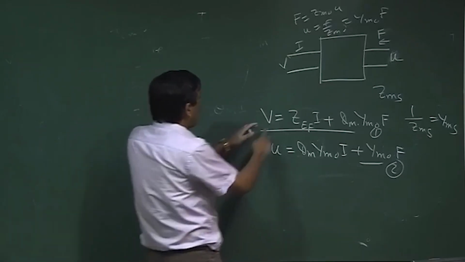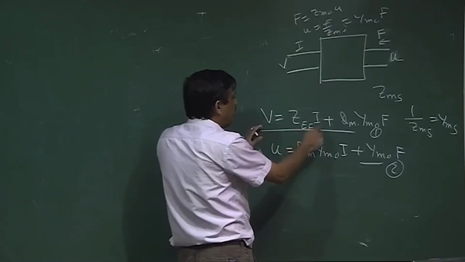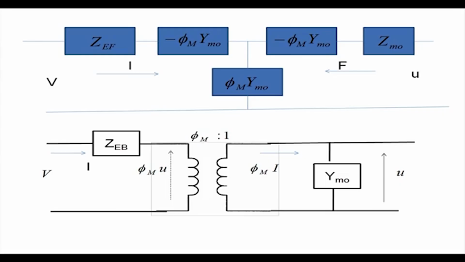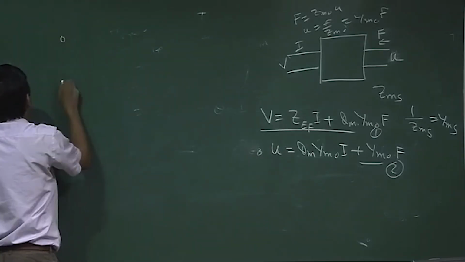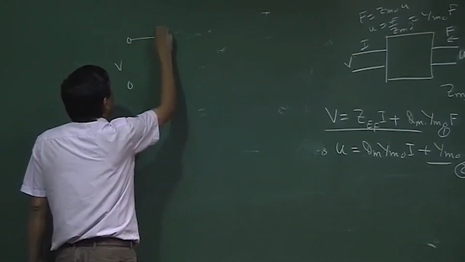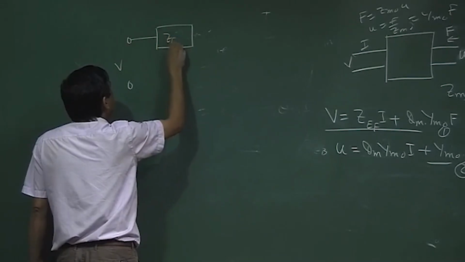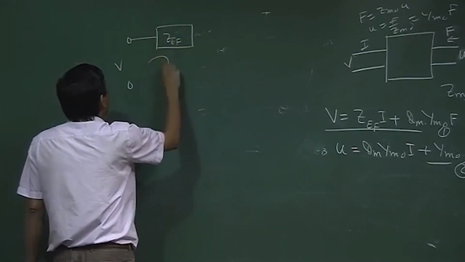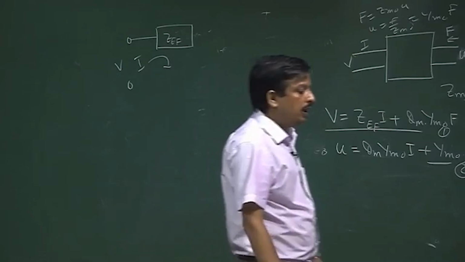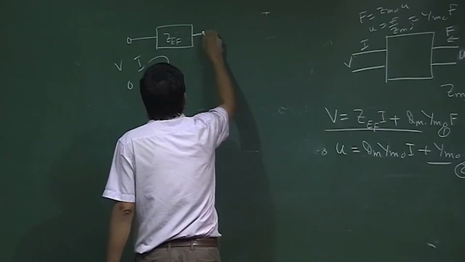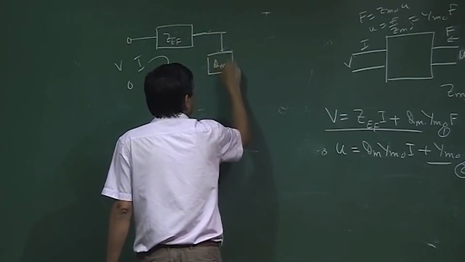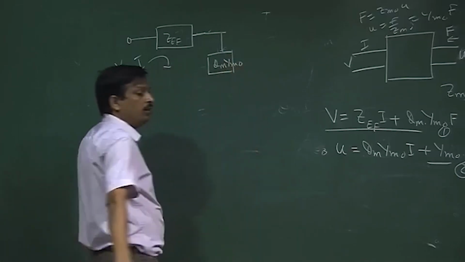This is equation number 1: V = ZEF into I plus phi m YMO F. Now I apply a voltage V here, and this should be passed through an impedance called ZEF, and the current is I. Then it passes through another common admittance, phi m into YMO.